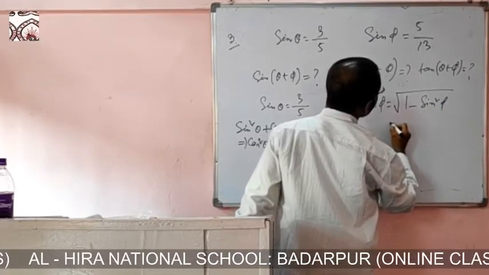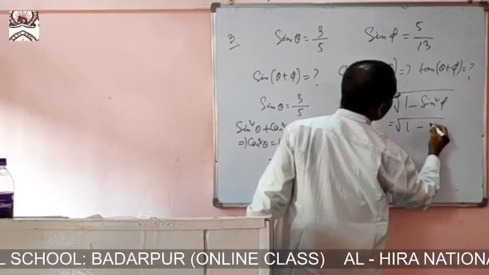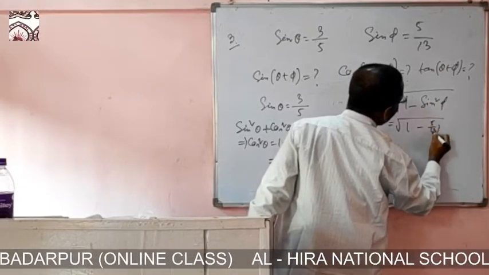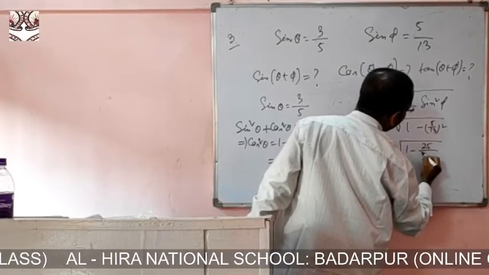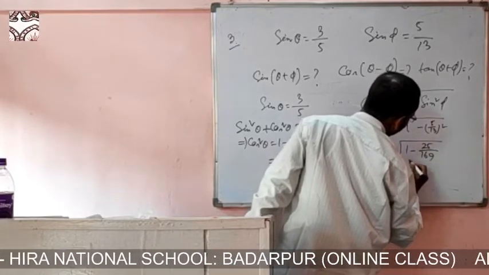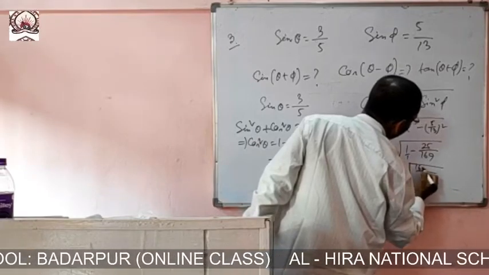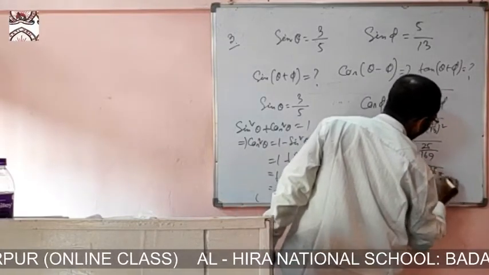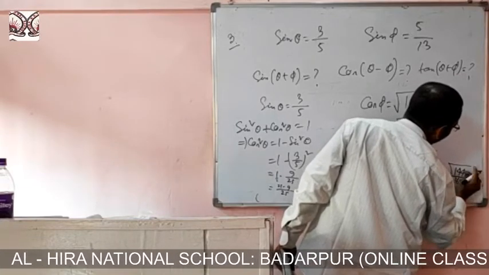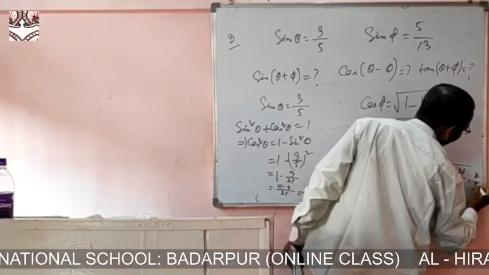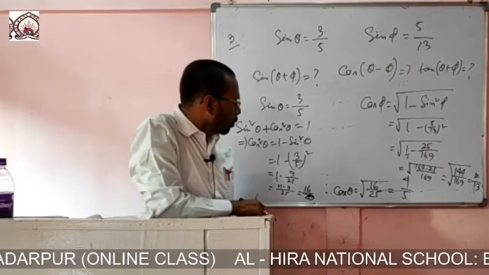So 1 minus 5 by 13 square. 5 square is 25, 13 square is 169, so it is 169 minus 25, which is 144 by 169. The square root of 144 is 12 and of 169 is 13. So we have found cos theta and cos phi also.